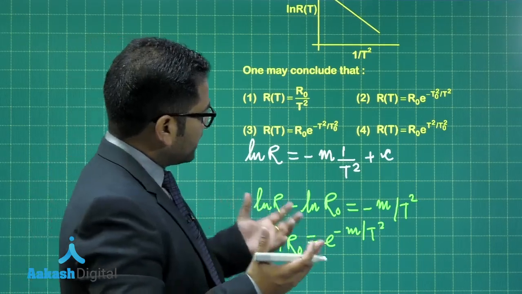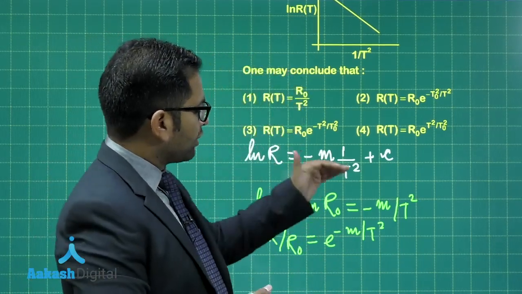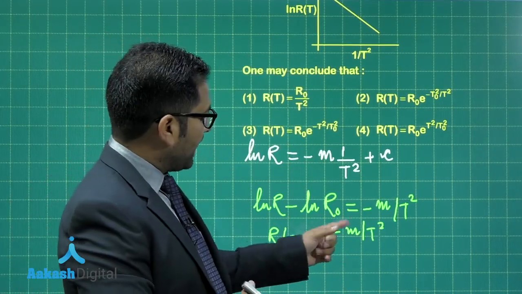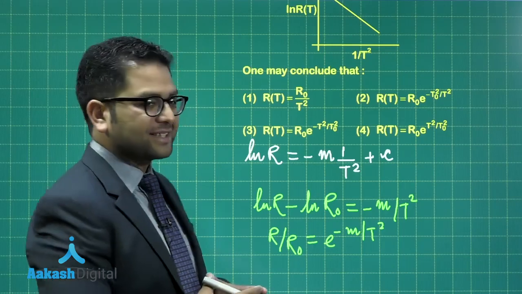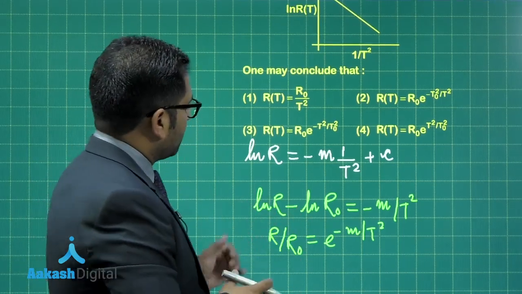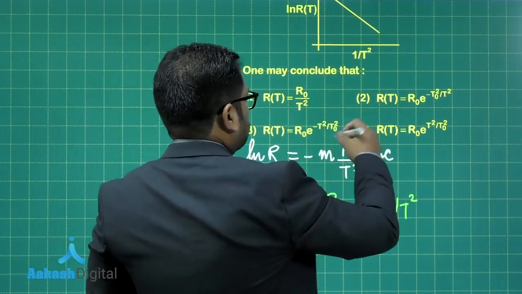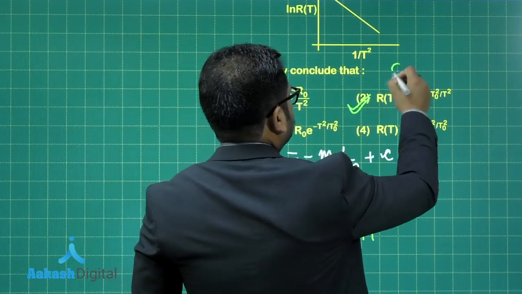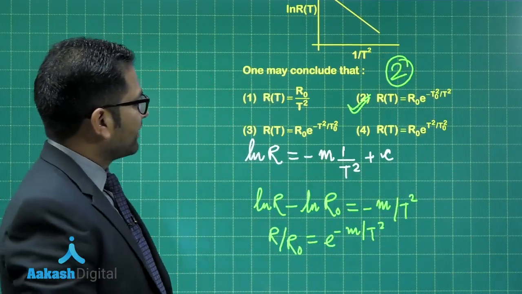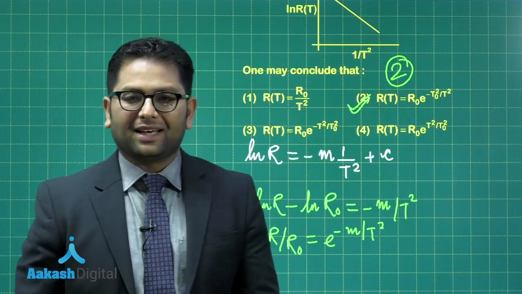And we know that when it comes to the power of an exponent, it has to be dimensionless. So m has to be square of the temperature. This part is a very easy one, and you compare with the given options. Option number 2 is going to be the correct option. That was fine, right? Now let's move to the next question.